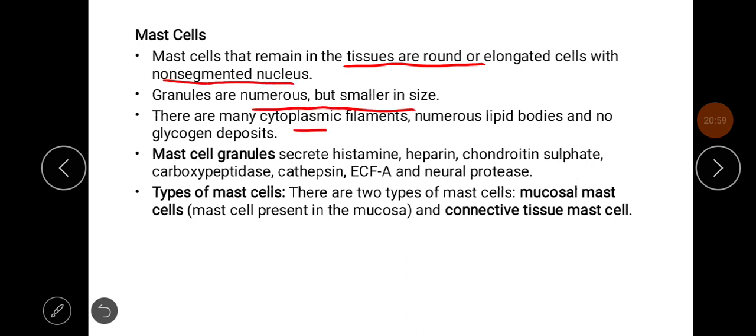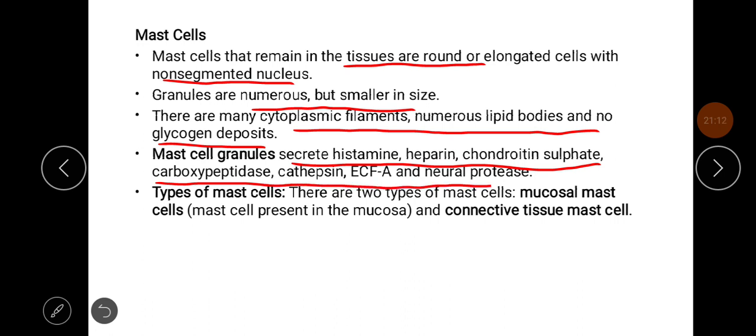There are many cytoplasmic filaments, numerous lipid bodies, and no glycogen deposits. Mast cell granules secrete histamine, heparin, chondroitin sulfate, carboxypeptidase, cathepsin, ECFA and neural proteases. There are two types of mast cells: the mucosal mast cell, which is present in the mucosa, and the connective tissue mast cell.